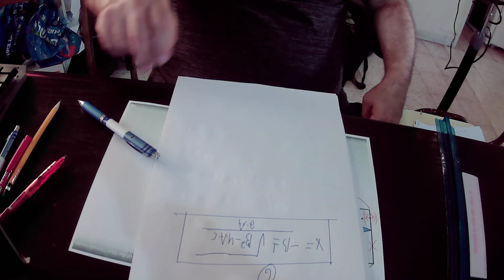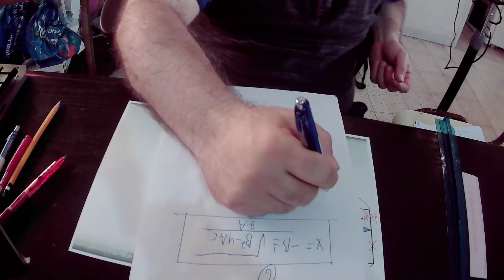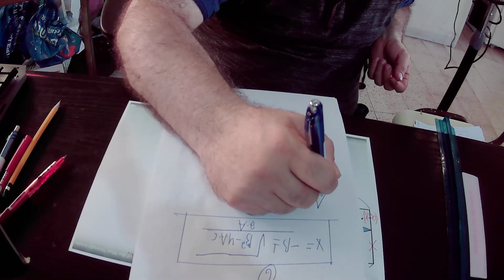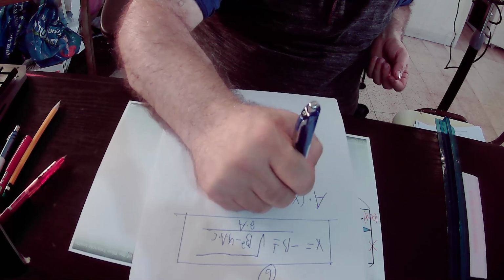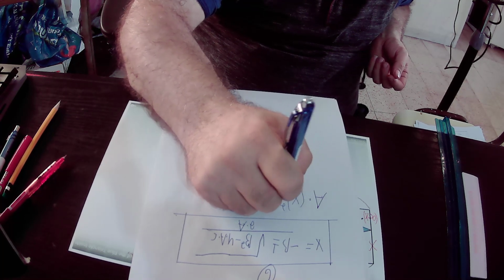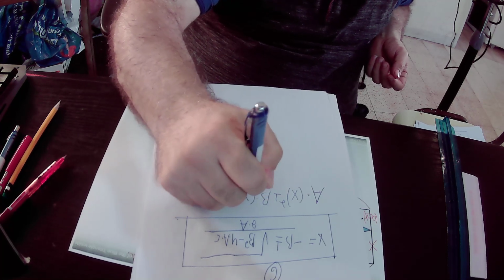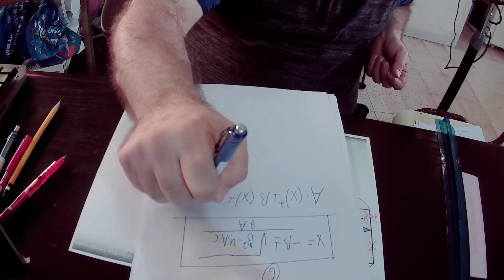Okay, so first of all we write down the general formula for a quadratic equation: a times x squared plus b times x plus c equals 0.